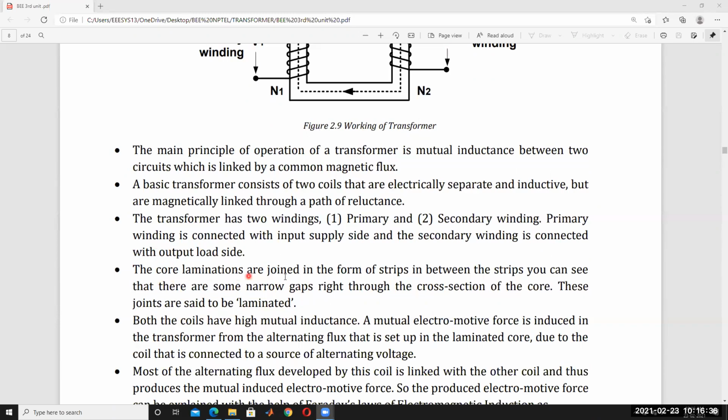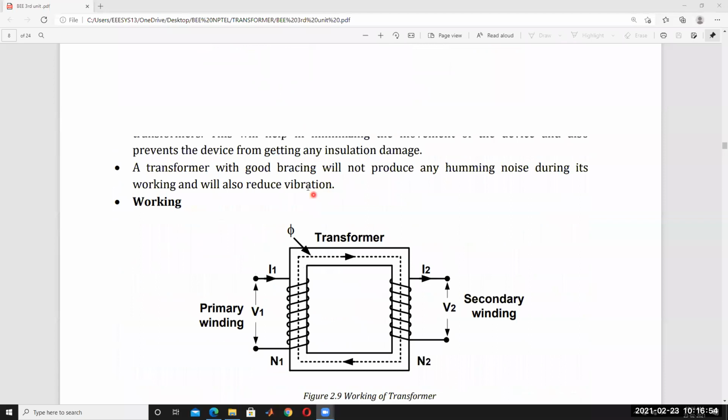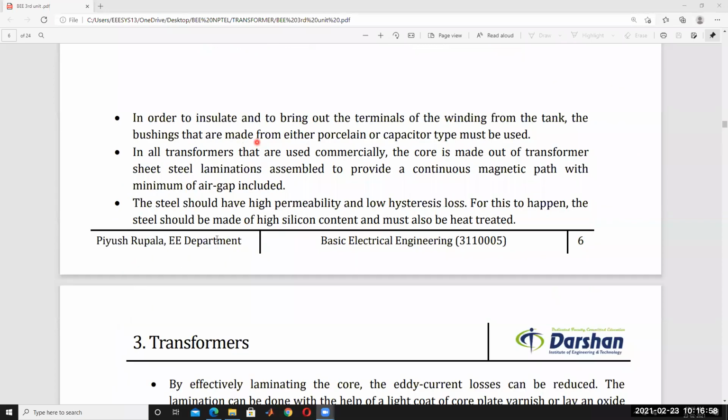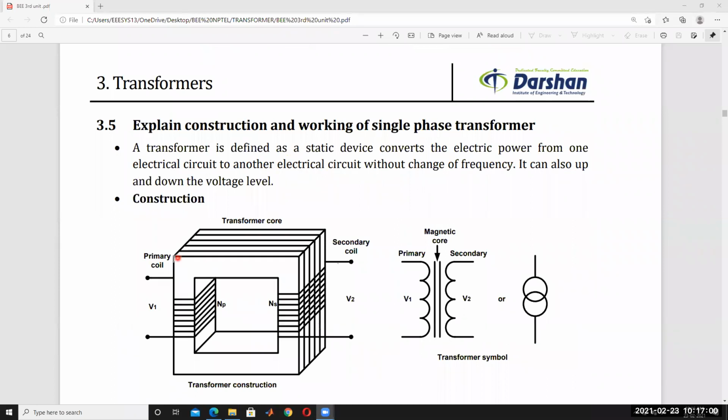The core laminations are joined in the form of strips. In between the strips, you can see some narrow gaps right through the cross section of the core. These joints are said to be laminated. Different types of strips are placed together to make the transformer core construction.